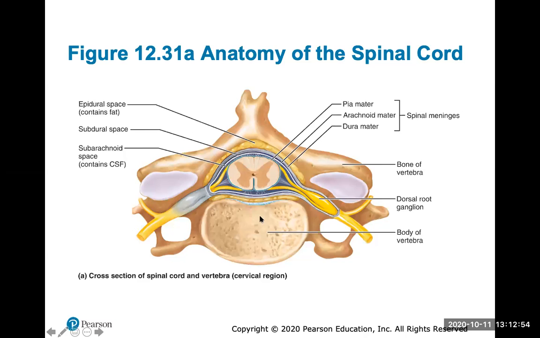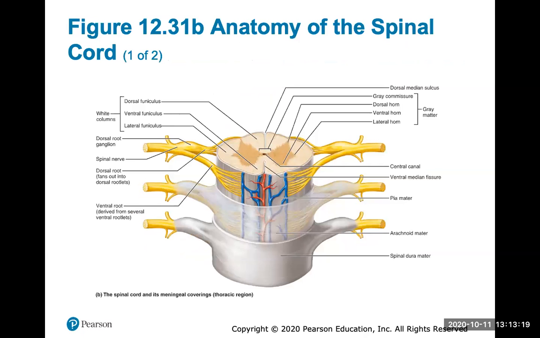So this is hopefully a review from anatomy. You can see the gray matter, butterfly shape, white matter surrounds it. You can see the spaces labeled here. The spinal meninges would be very similar to the meninges found surrounding the brain. Here is the dorsal root ganglia leading to the dorsal root, and the ventral root will come out the front. And again, whenever you see the word ganglia, that just means a cluster of neuron cell bodies.